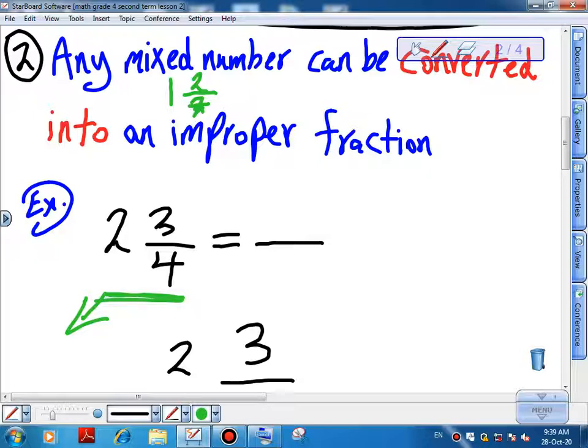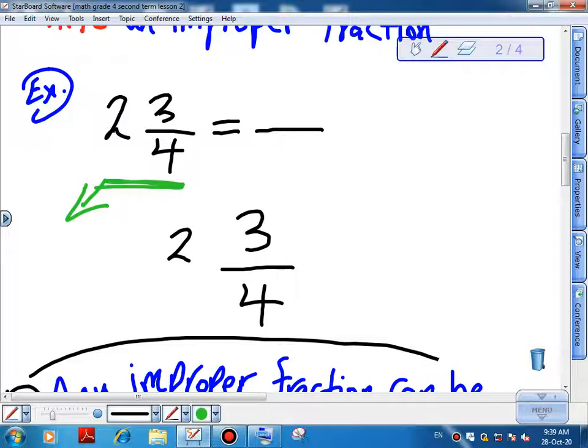If we take 2 and 3 quarters, we multiply the denominator 4 by the whole number 2. 4 times 2 equals 8.